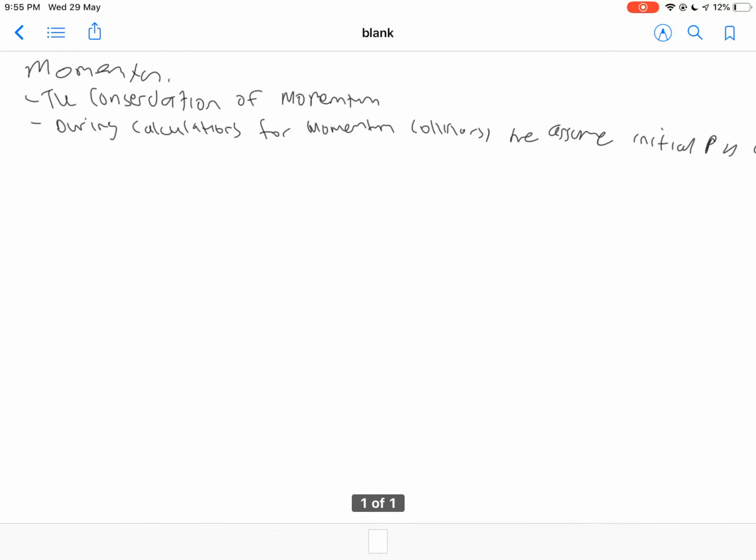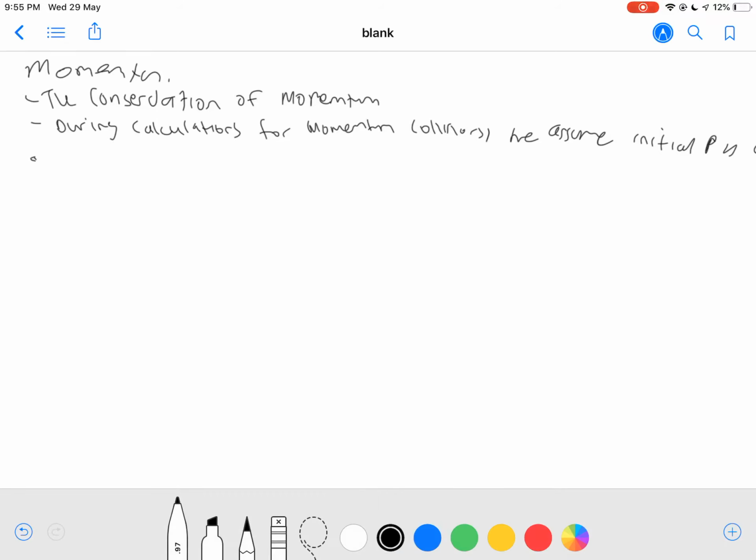You also need to know the impulse equation. So that's change in P equals F times change in time. In the exam, they're probably going to ask you a similar question, for example, how are we going to decrease the force experienced by someone in terms of safety, or how are we going to increase the force acting when we play sport.